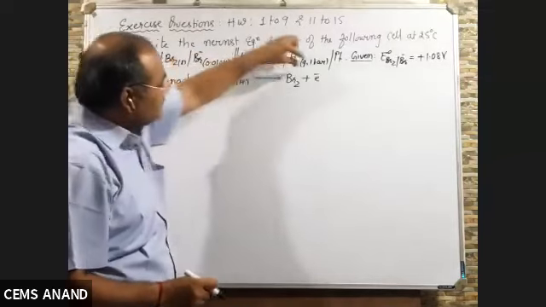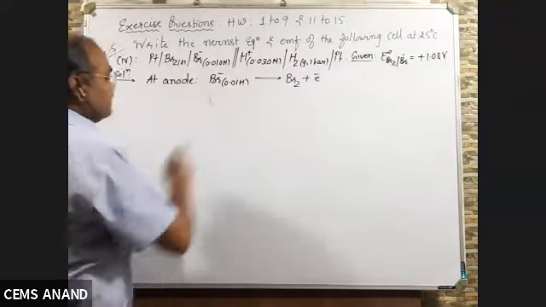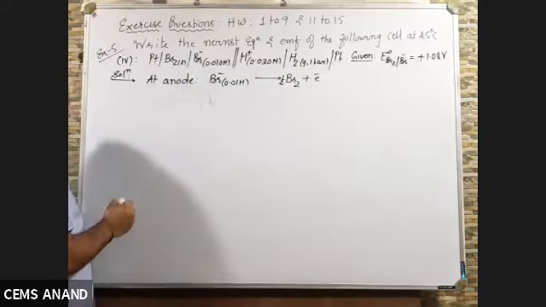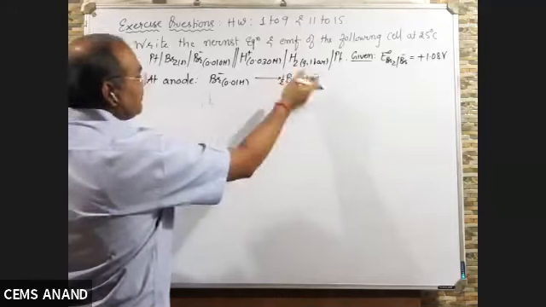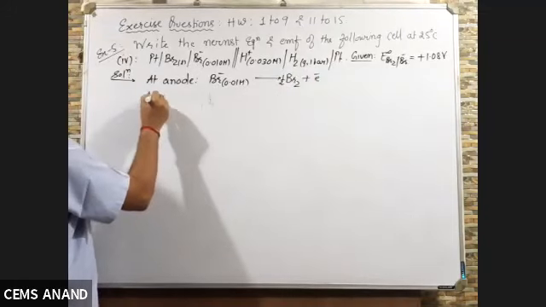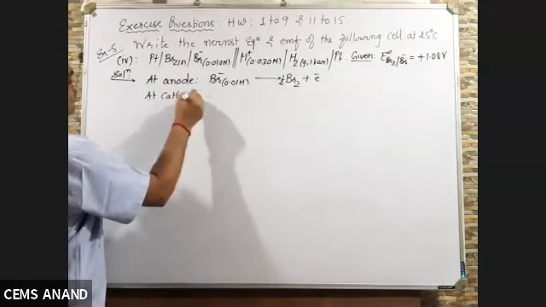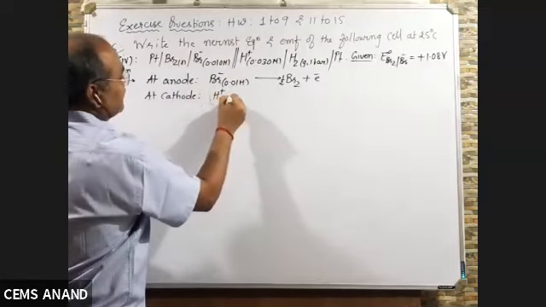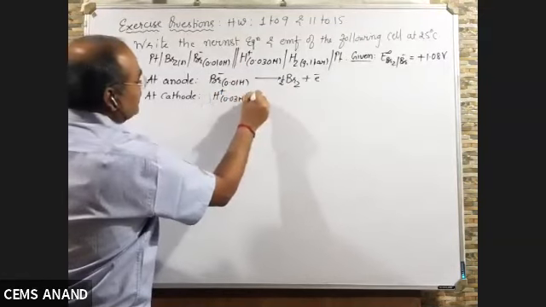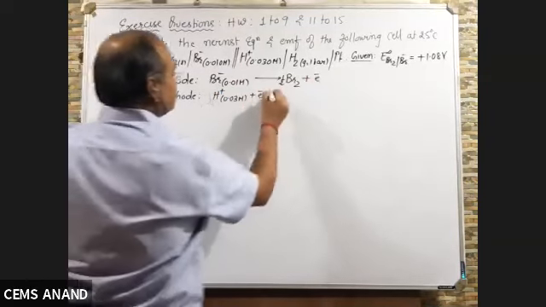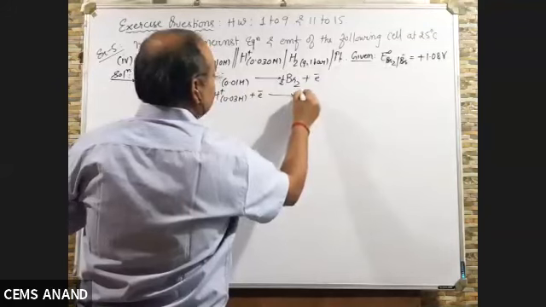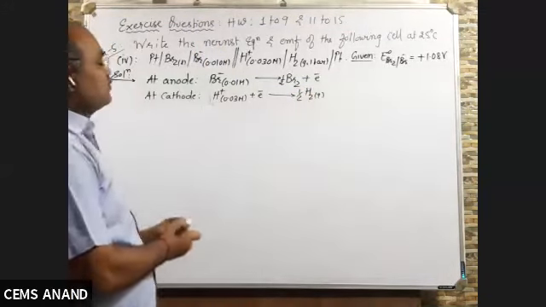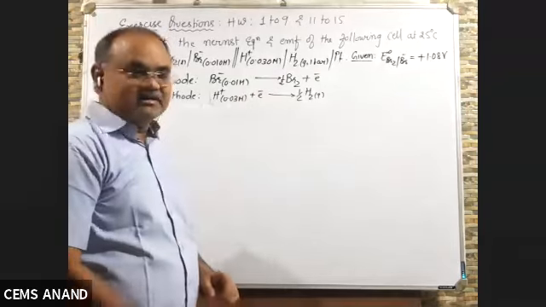Br minus loses electron and becomes neutral, right? If you want to balance, you can make it half here, or you can multiply also. At cathode, H plus 0.03 molar will take this electron and will be deposited as half H2 gas. Right? So these are the reactions taking place.